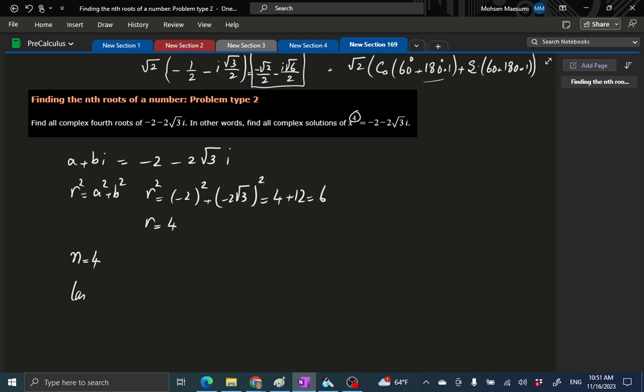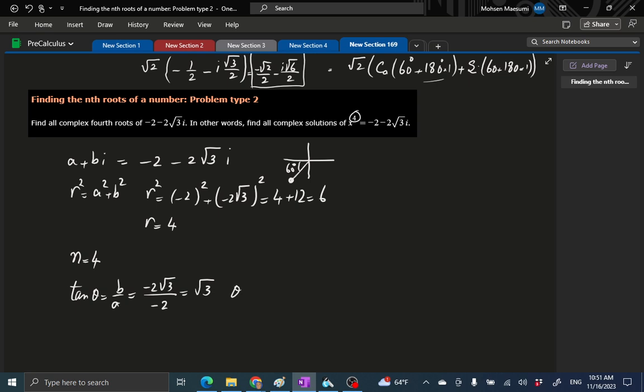Theta, tangent of theta is b over a. Tangent of theta is going to be b, minus 2 radical 3, over minus 2. So that is radical 3. So normally we would have said the angle theta is 60 degrees, but remember this is in quadrant 3. Minus 2, minus 2 radical 3 is somewhere here. So this is 60.